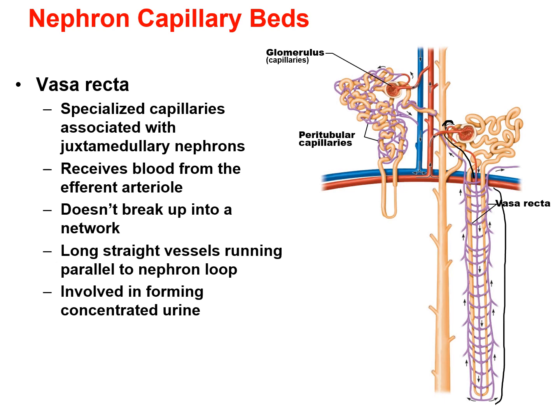The function of your vasa recta is going to be very different. The vasa recta is going to be involved in forming concentrated urine. But just like we saw for your peritubular capillaries, the vasa recta will drain into a venule that will eventually drain back into your cortical radiate vein.